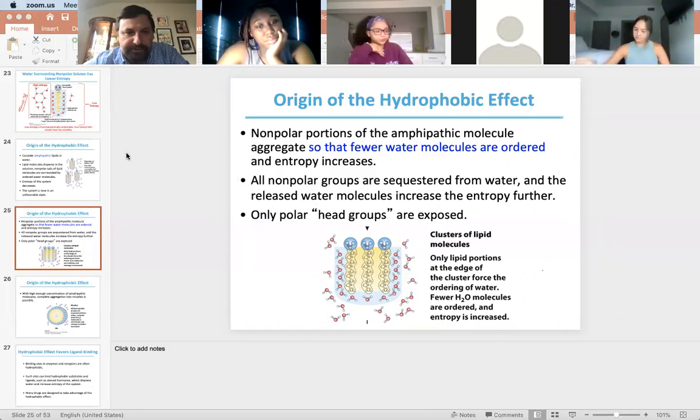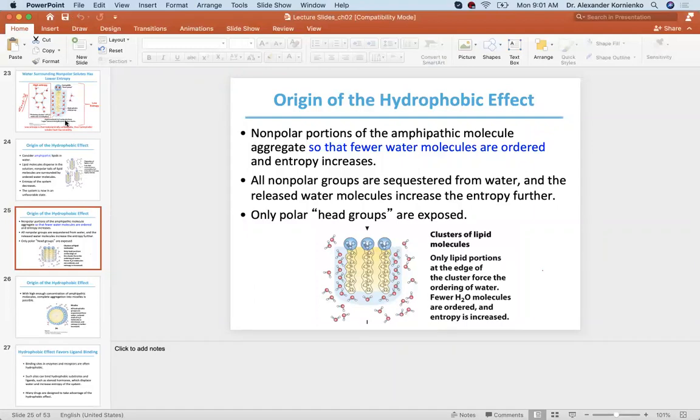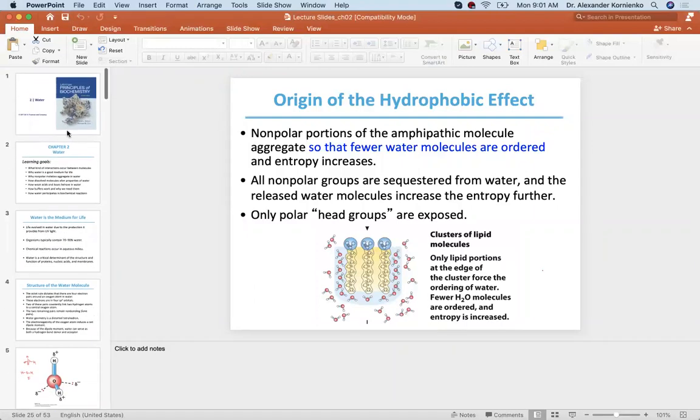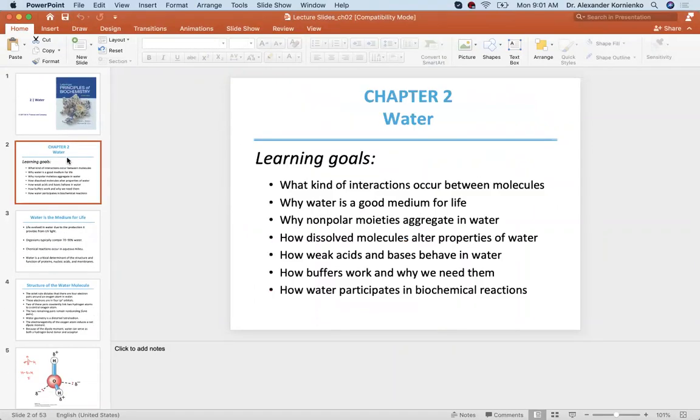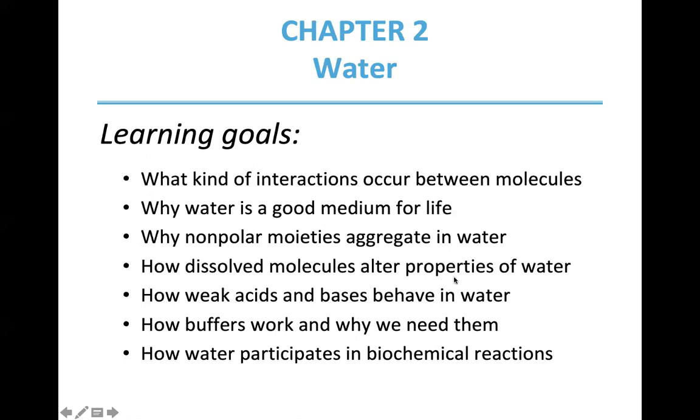So I'm gonna share my screen. Again, I want to emphasize that we have these learning goals, and this is what we go by. This is what I focus on in our discussions, and this is what I will test you on.